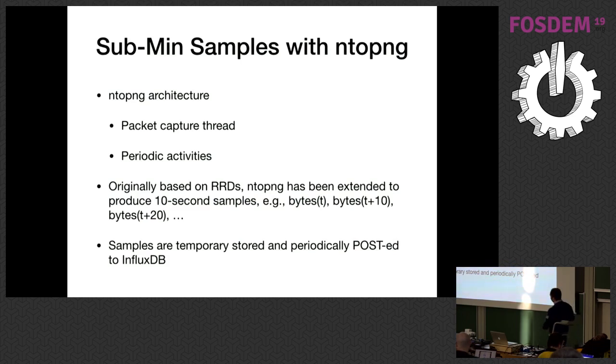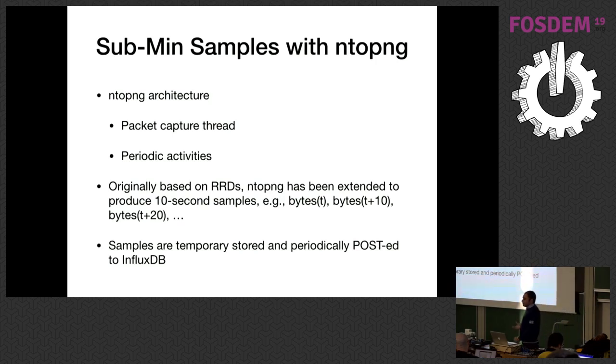We were using RRDs. RRDs are another store for metrics based on plain text files. That is basically used if you want samples in the order of minutes. Otherwise, it will be too slow. So we extended NtopNG to produce 10-second samples and to push those samples to the InfluxDB database.